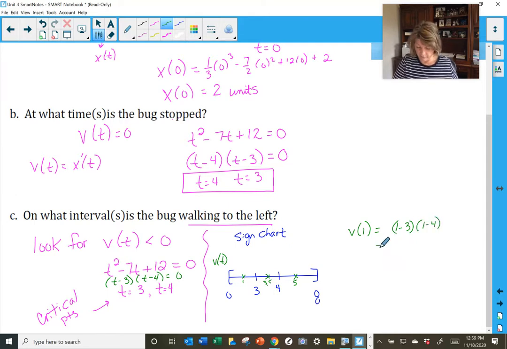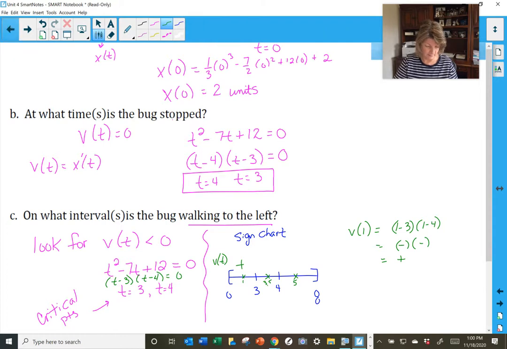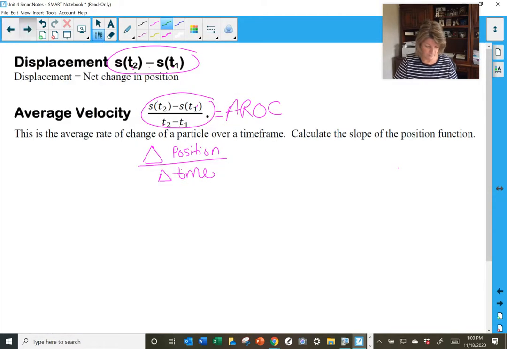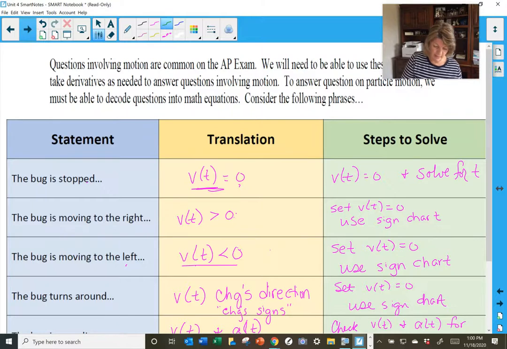And from that, I can see I've got a negative value times a negative value, which gives me positive. So this takes on positive velocity. Positive velocity means I'm moving to the right.